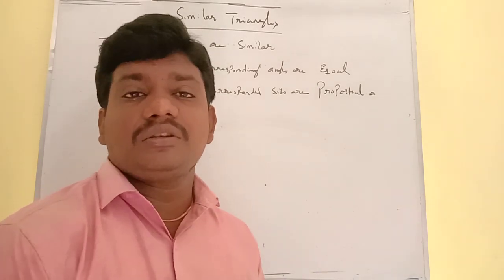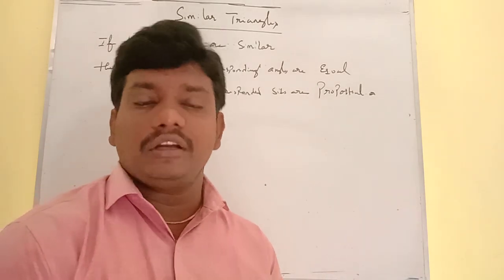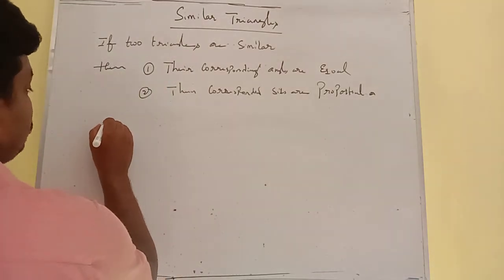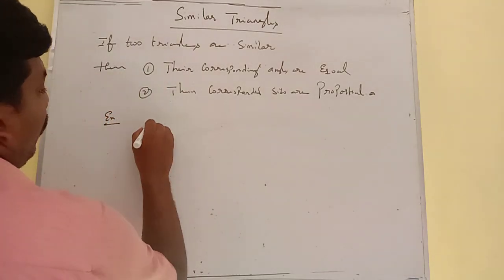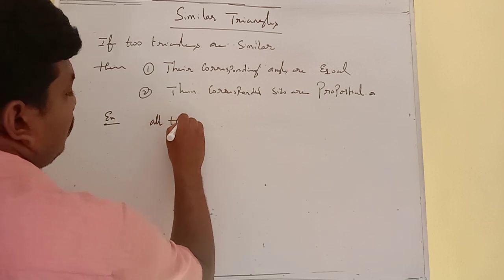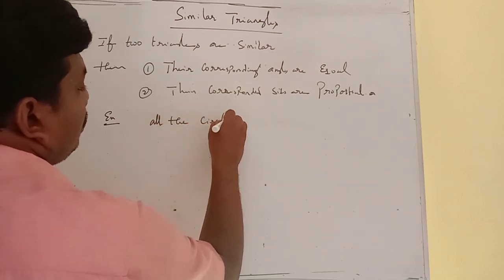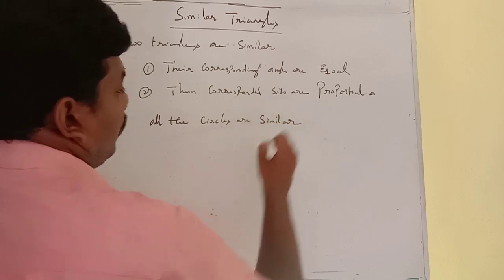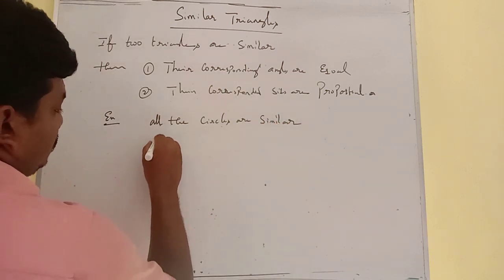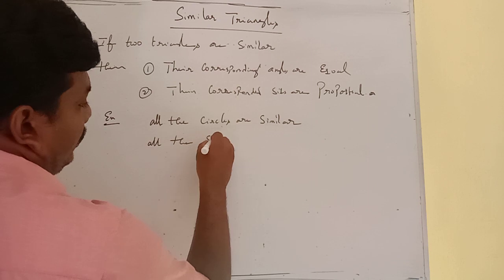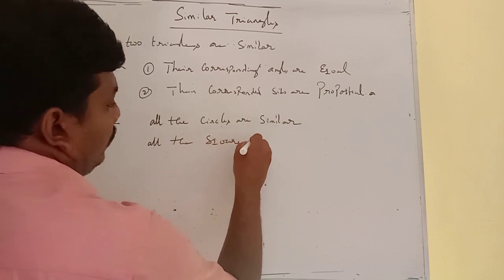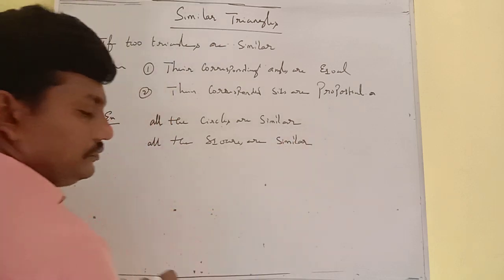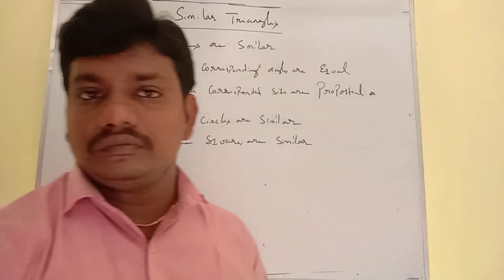So in nature, what are the best examples of similar figures? All the circles are similar with any radius. All the circles are similar. All the squares are similar.